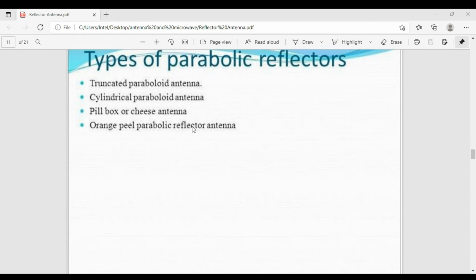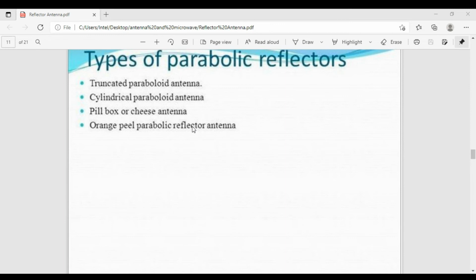Again, I am telling pillbox: the third type, which is commonly used, is a short parabolic cylinder enclosed by parallel plates. So this is known as cheese or pillbox.